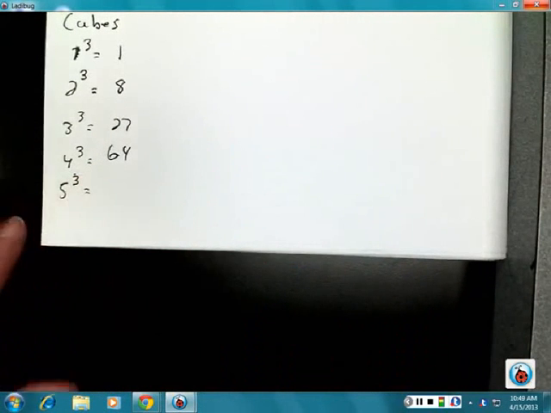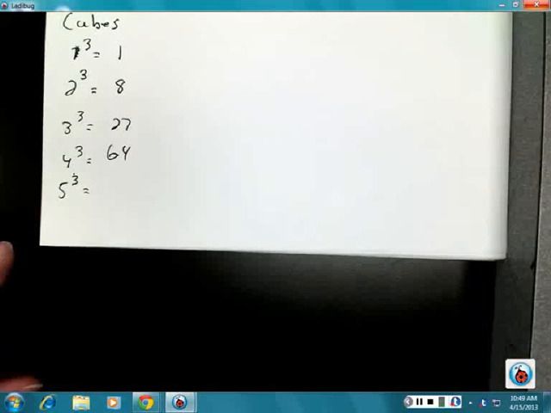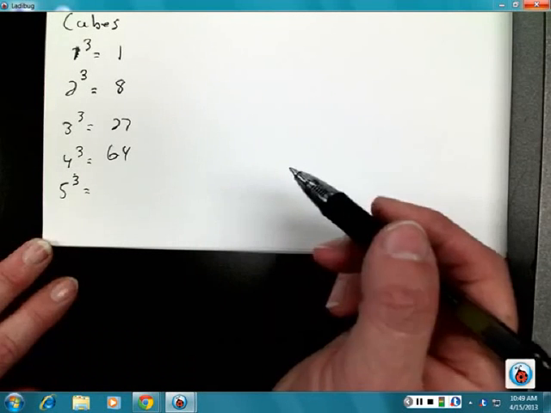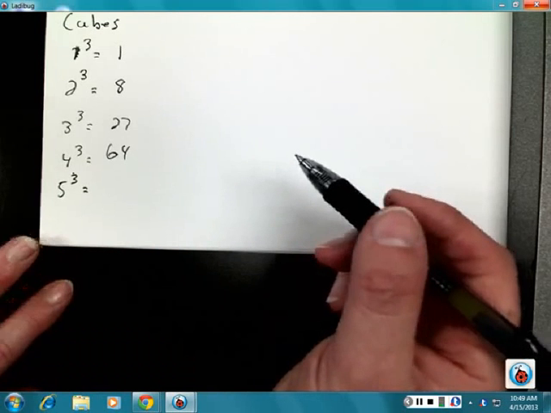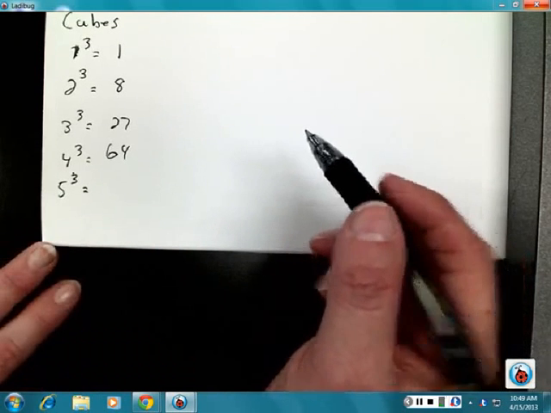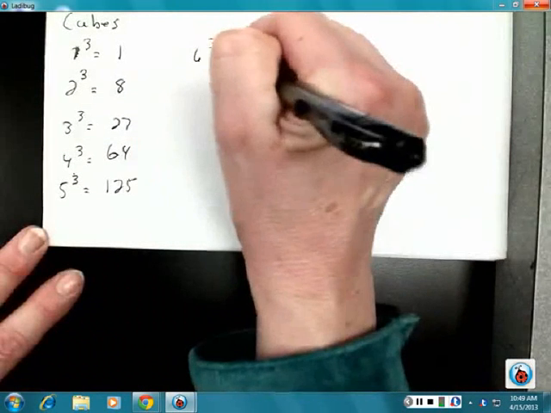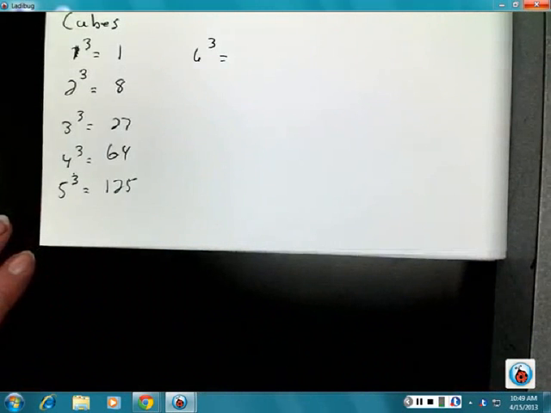What's 5 cubed? 5 times 5? 25. And times another 5? You have 5 25-cent pieces in your pocket. So what do you have? 125. Yep. How about 6 cubed? 216.